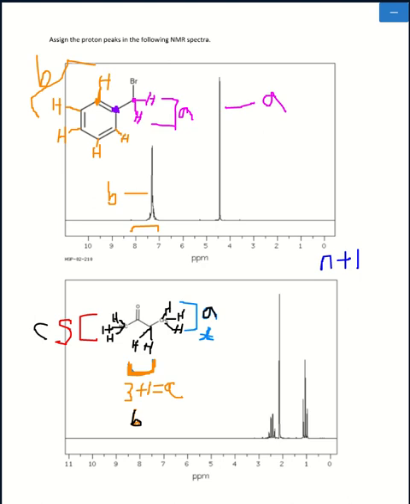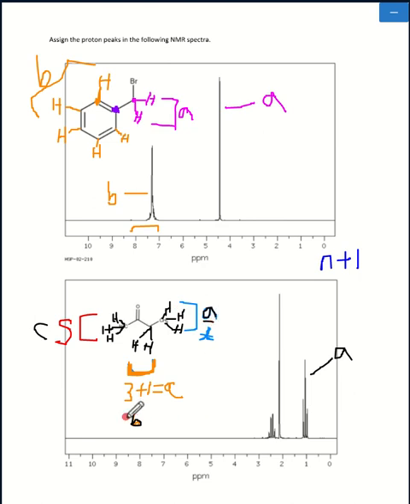So environment A will show up as a triplet. The only signal that looks like it's split into 3 is the one all the way on the right, so I will label that triplet A to signify that I'm relating it to environment A on my structure.